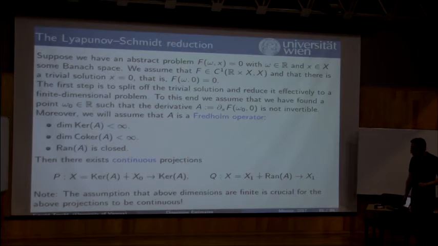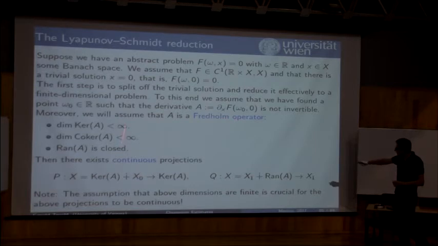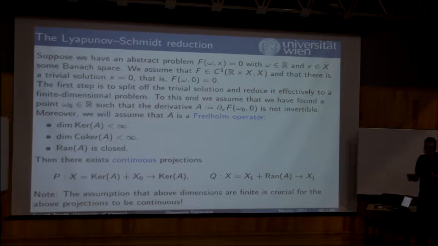Okay? And closedness is always important in order to get these continuous projections. So in some sense, this Fredholm assumption really is equivalent to saying I can make this splitting of my spaces into the finite dimensional piece plus the rest in such a way that I have a nice continuous projection. Okay? This is really what this assumption ensures. This is what I'm using here.